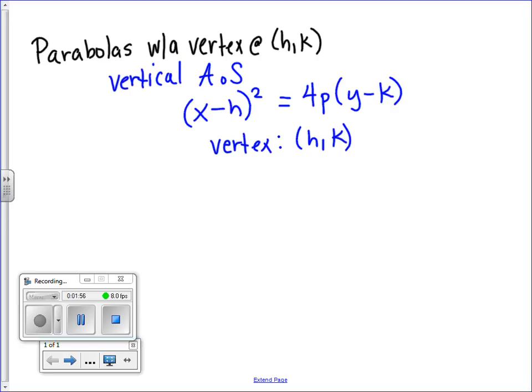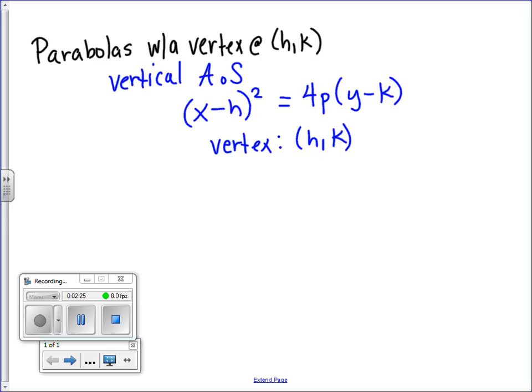Something that you need to notice is it's x minus h, y minus k, but your vertex is at (h, k). So if it says x minus 2, then it's just 2. If it says x plus 2, then it's a negative 2, because that says minus, that does not. So your vertex is at (h, k).